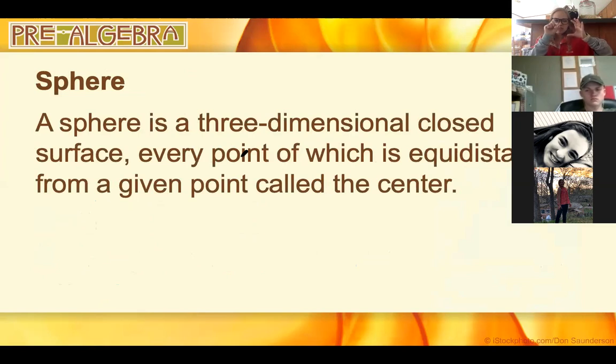If I got to the center of that basketball, the center of the sphere, and I would take a line and I would draw it starting at the center, and I would make a line to the edge of the basketball. If I were to do that with as many as I want to, all of those points would be the radius of the sphere. So I'm going from the center to an edge of the sphere, or the circle that's going around there.